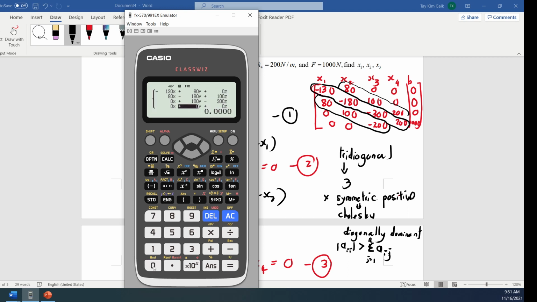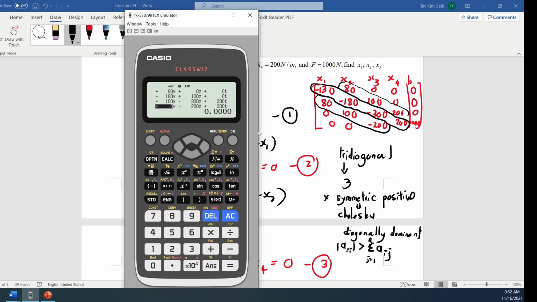Fourth row: 0, 0, negative 200, 200, and then 1000. Before you press equal, double check whether you key in correctly. Vector B, the last column: only the fourth row is 1000. The X4 column in calculator is 0, 0, 200, 200. The third column in calculator is 0, 100, negative 300, negative 200.